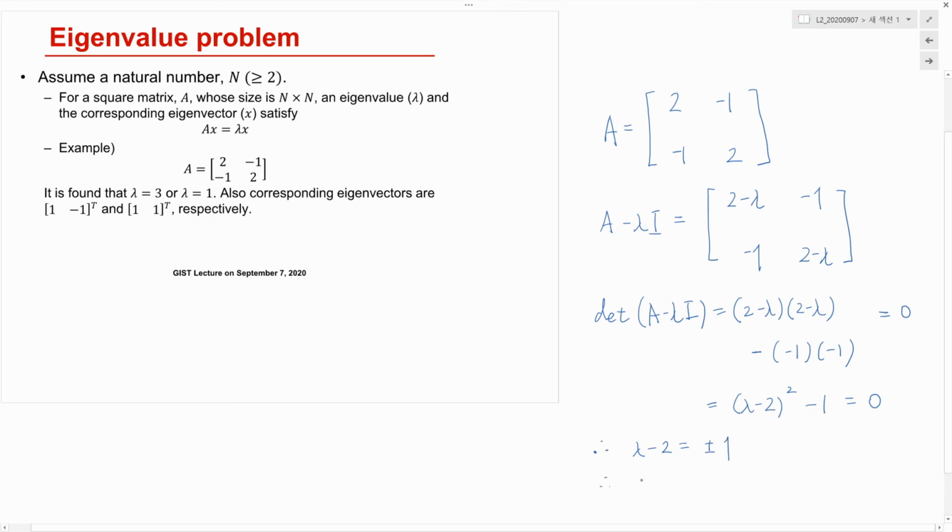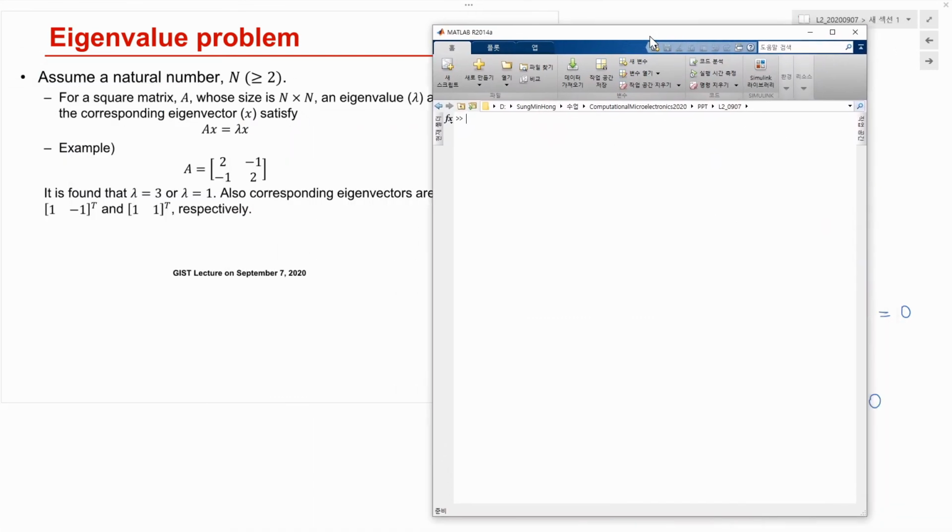Then lambda can be 3 or 1. That is the solution. We can do it this way analytically. However, we wanted to ask the computer to solve it. Then let's first work with our MATLAB program. Okay. For that purpose, I have prepared my MATLAB session here. Okay.